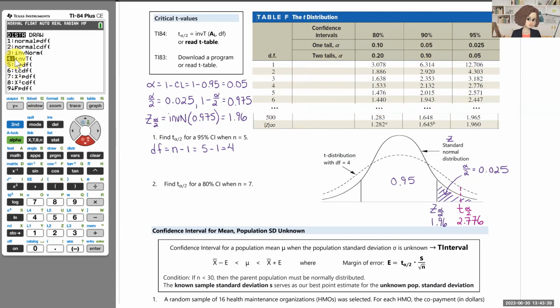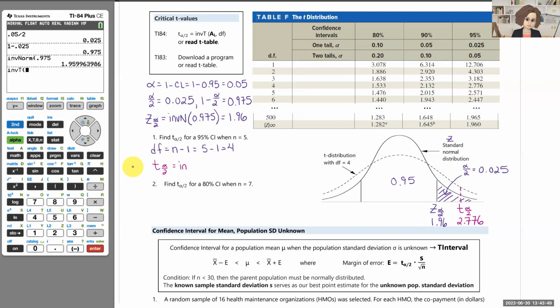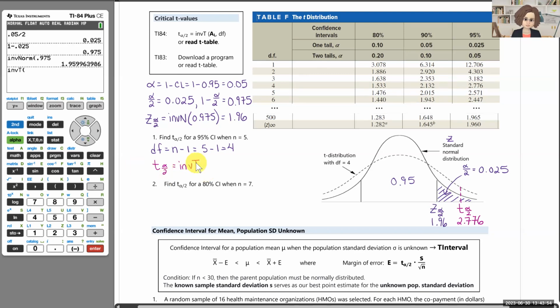But if you do have inverse t, I'll go ahead and write down the input here. So t alpha over 2. So on a t distribution, it's not inverse norm, it's inverse t. And our calculator uses a capital T there. The name of the distribution, it's always lowercase t when people talk about the distribution, but inverse t is how our calculator will write it.